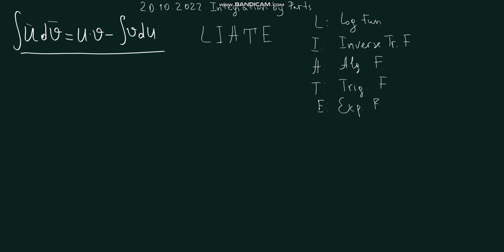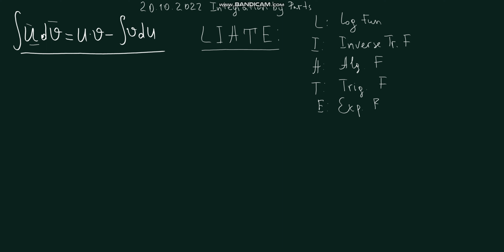So this method states that we choose u to be the function that comes first in the list of this word. So if we have a logarithmic function, we choose it for u.